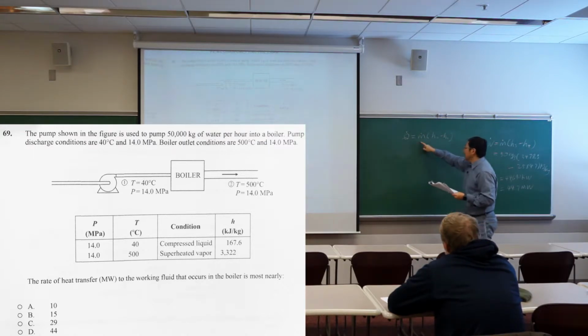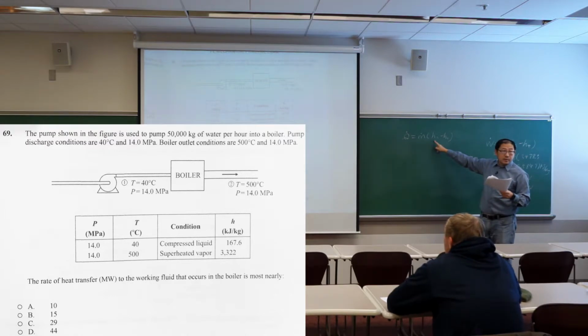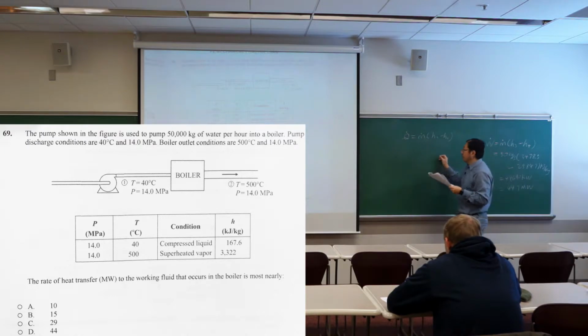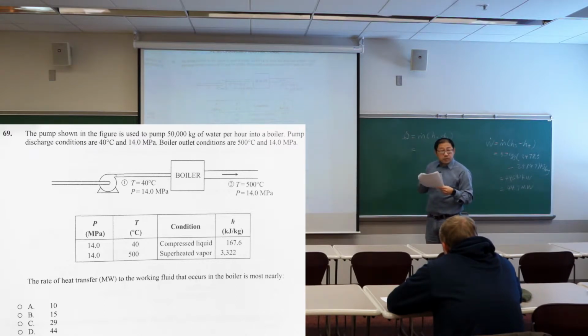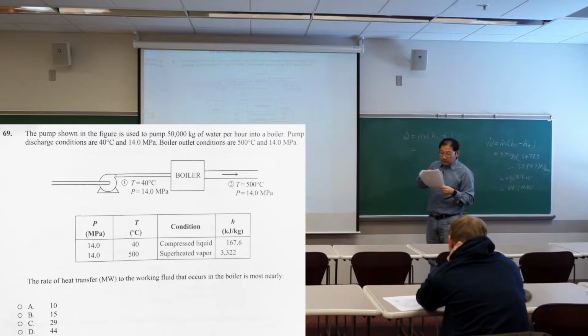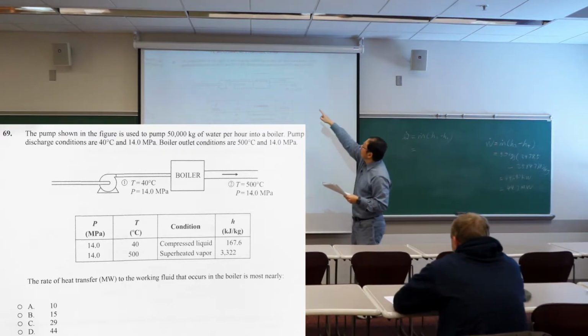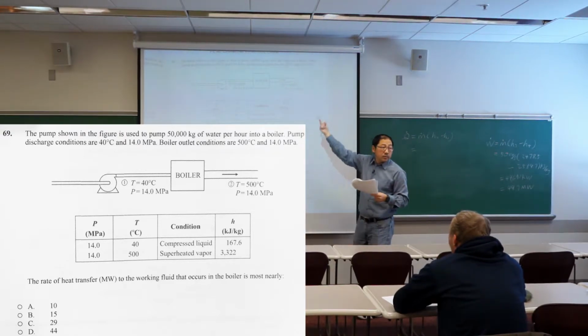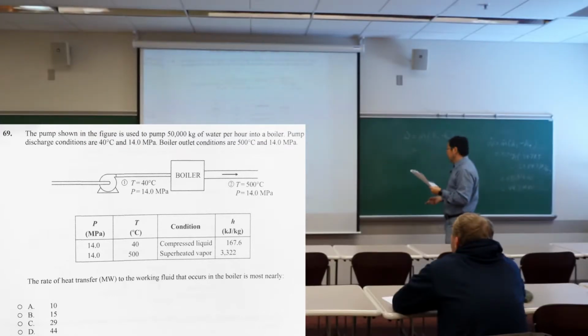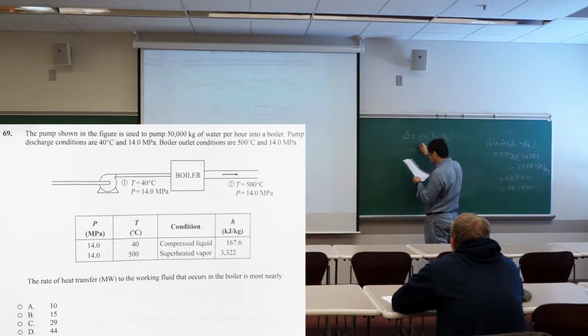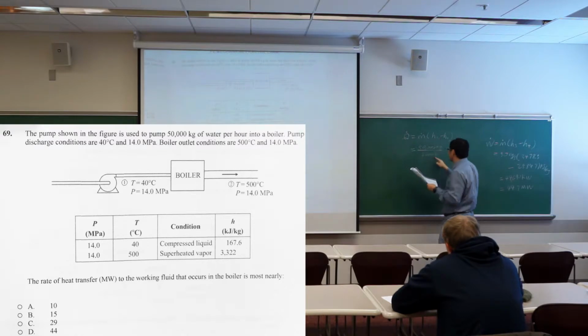And still, you need to have the mass flow rate and the enthalpy change, outlet minus inlet. And the only thing you need to worry about is the mass flow rate. Mass flow rate has to be kilogram per second. This one is said in kilogram per hour. So you need to understand 1 hour equals 3,600 seconds. This is the mass flow rate.